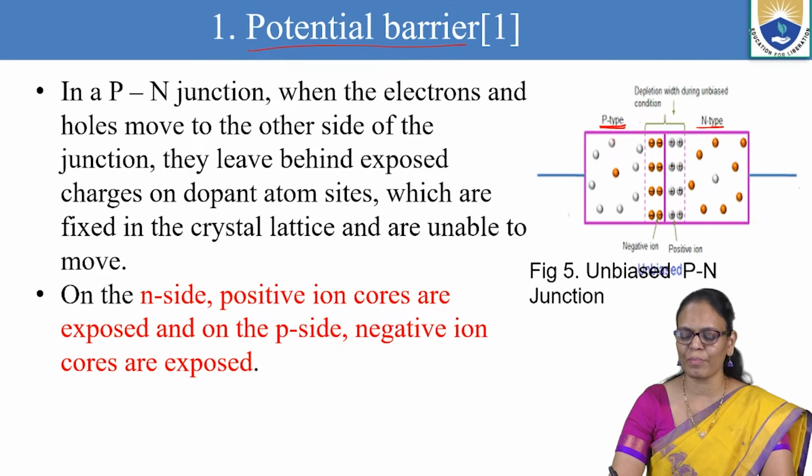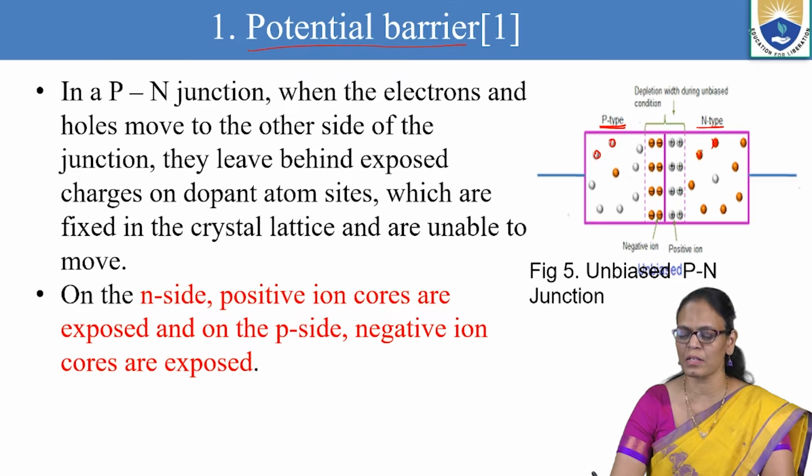P type has majority carriers as holes, and in N type the majority carriers are electrons. These are the electrons. Now, when we join this P type and N type by any one of the methods used for the formation of the junction, what happens is diffusion of charge carriers.